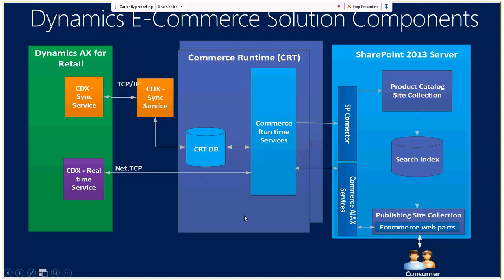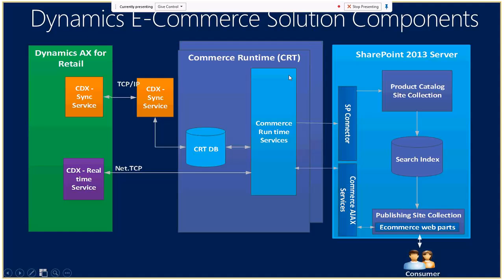Then there's the commerce runtime services, which is a third component. In this diagram, this is pulled out, but for the purposes of this discussion, please assume that this is a set of DLLs that is basically embedded within the SharePoint 2013 server.